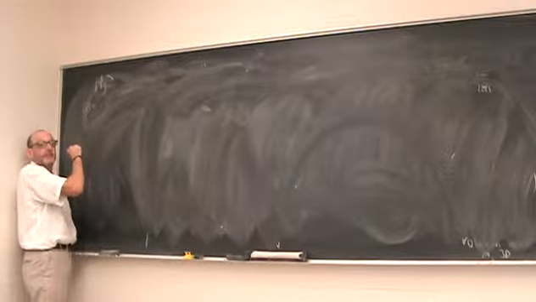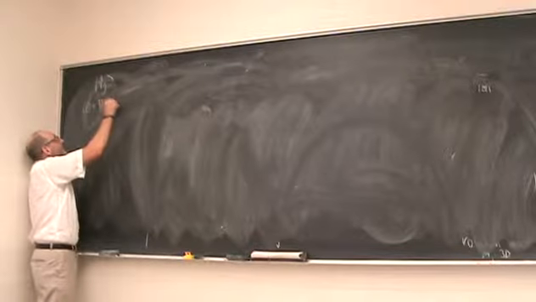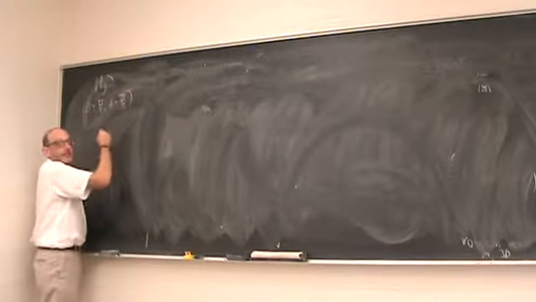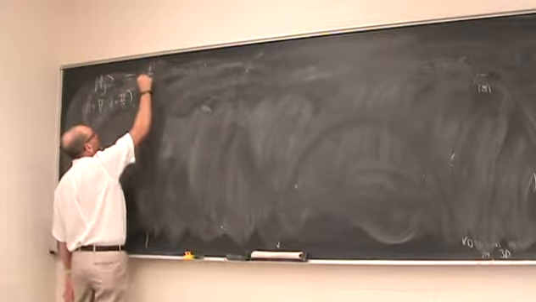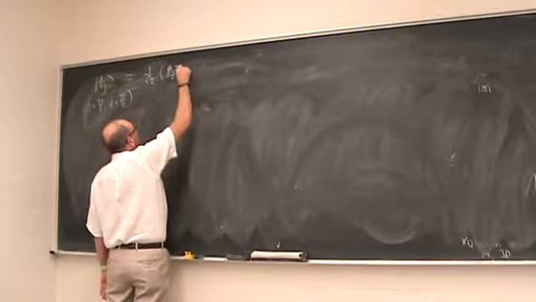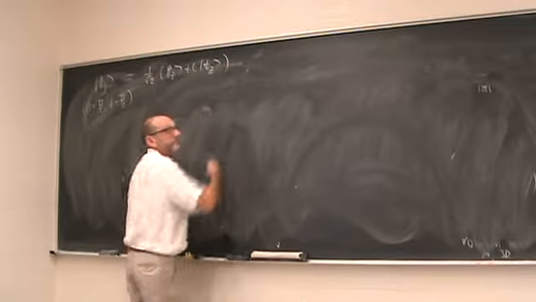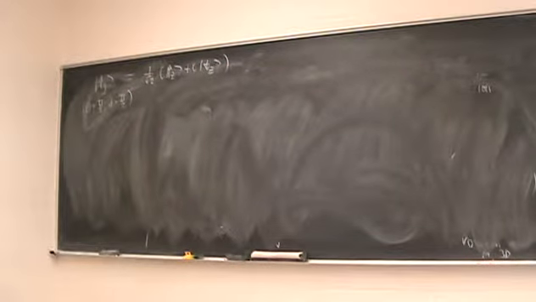Theta is pi over 2, yeah, and phi is pi over 2 as well. So that is equal to 1 over root 2 spin up along z plus I spin down. Right?